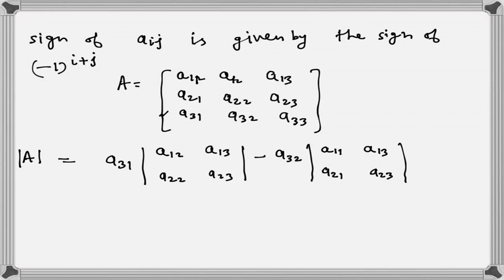And then the third entry, a33: 3 plus 3 is an even number, so I'll delete the third row and third column, and we get a11, a12, a21, a22. So in a similar way we can calculate the determinant of any matrix by considering any row and any column.